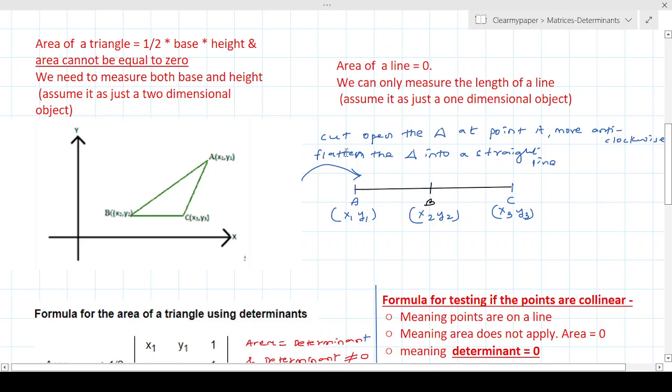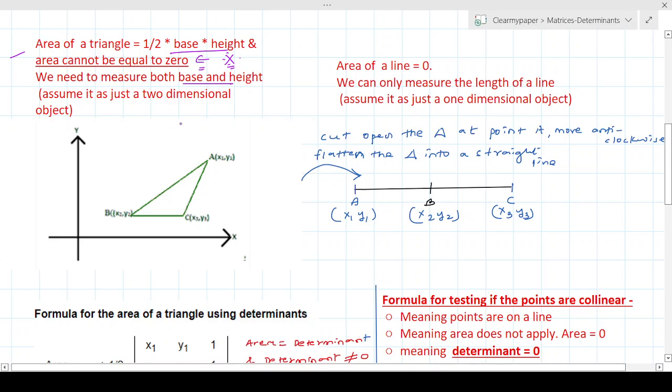Okay, so if you recall from the last episode, we were trying to find the area of a triangle using a determinant. In a geometric sense, the area of a triangle is nothing but half into base into height, and we know that it cannot be equal to 0. That's the most important thing. It cannot be 0 because the area has to exist if we're talking about a triangle, and we need to measure both the base and the height.